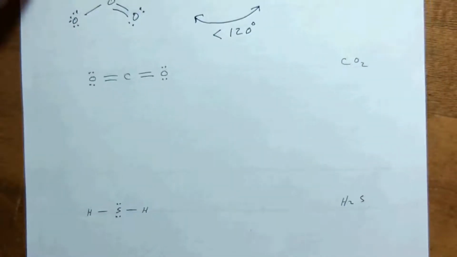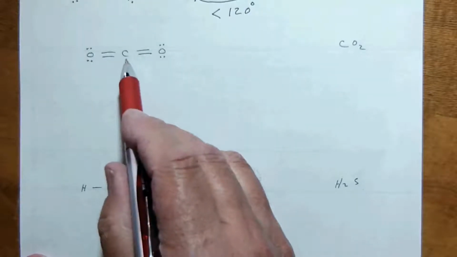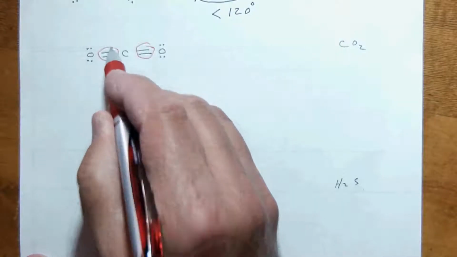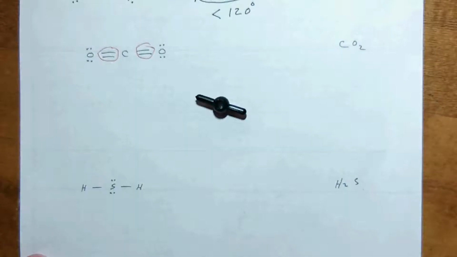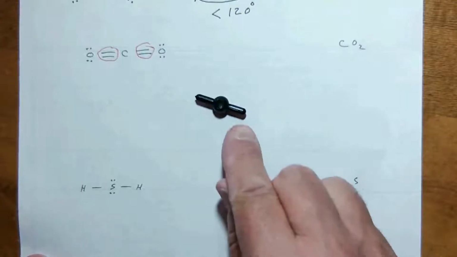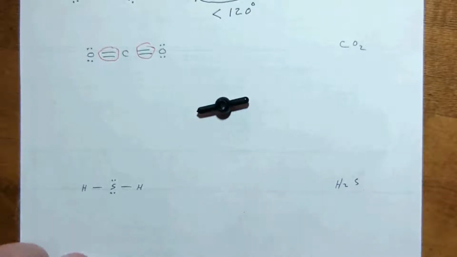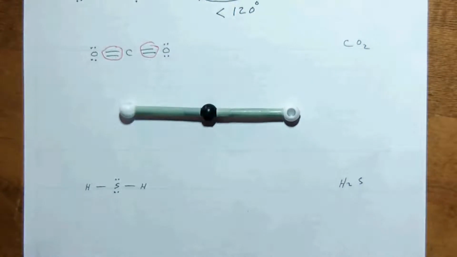For carbon dioxide, what's your steric number? Hopefully you're saying 2. Central atom, 2 electron groups around that central atom. Well, if you've got 2 electron groups, when you go to build it, you've got to start with that. And this one's pretty simple. You go to build it. There you go. And what's the shape on that? Linear.